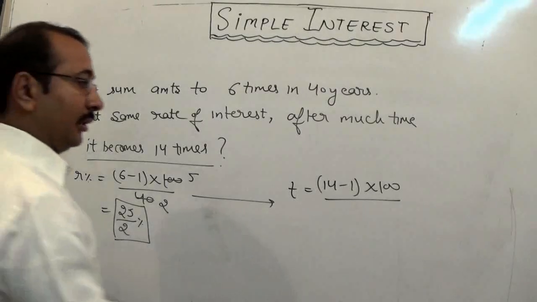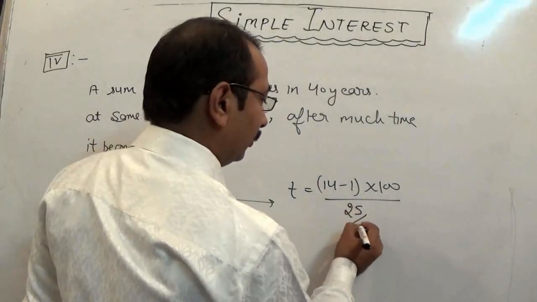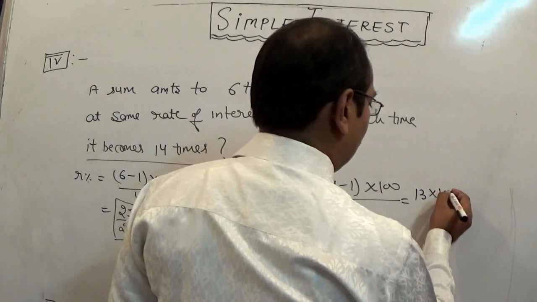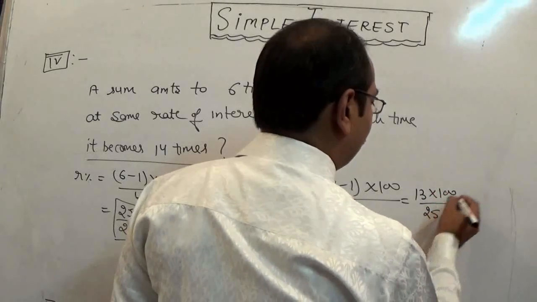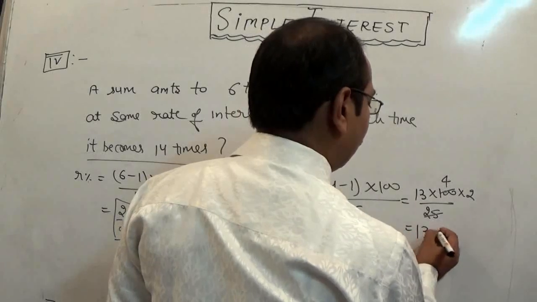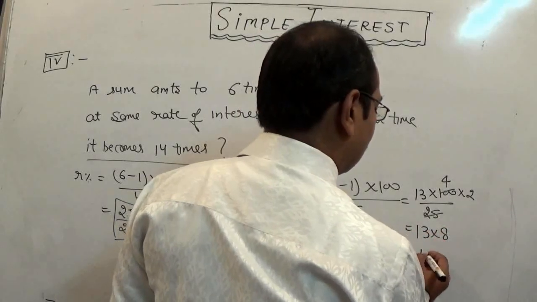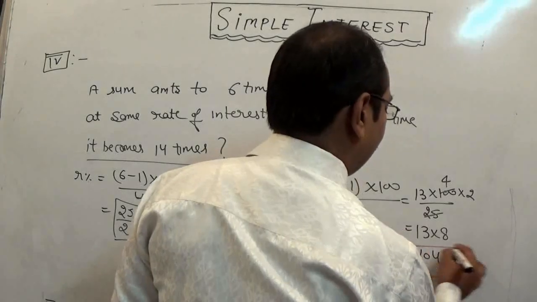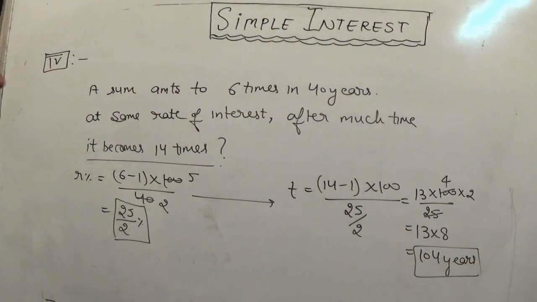This would be 25 by 2, or else I can say 13 into 100 upon 25 into 2. 25 will go 4 times, 4 into 2 is 8, 13 into 8, the answer is 104 years. So I can say at simple interest it takes 104 years to make the same sum become 14 times.